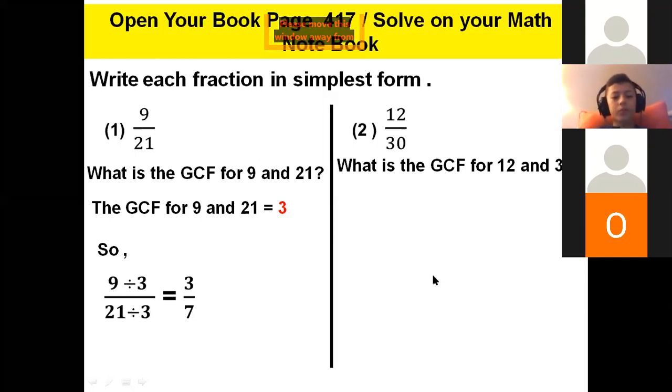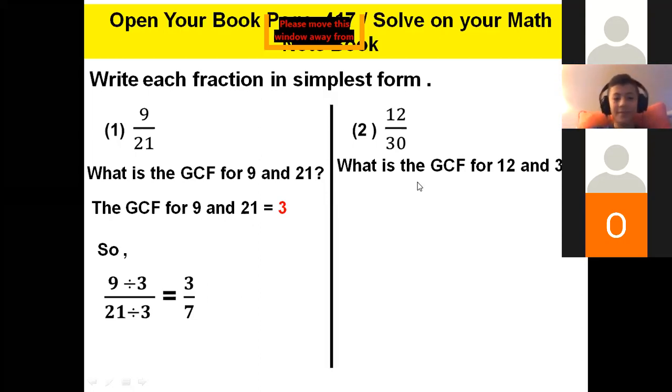What else do you multiply to get 12? 2 by? 2 times what is 12? 6. 2 times 6, yes.